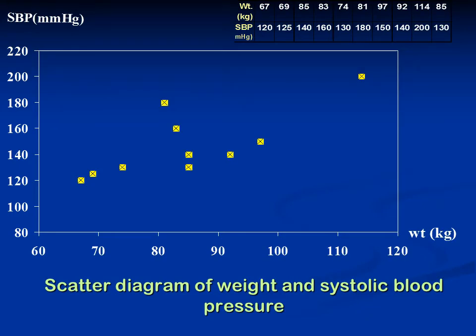So a scatter diagram was plotted, with blood pressure on the y-axis and weight on the x-axis. When you look at the scatter diagram, it is not joined. The points are just scattered, showing you a certain direction in which these coordinates are moving.